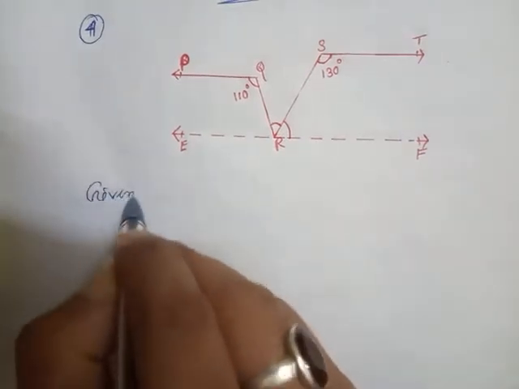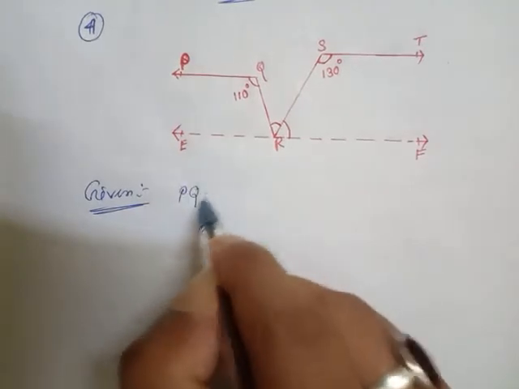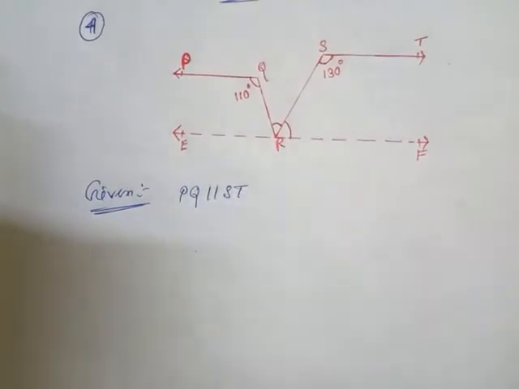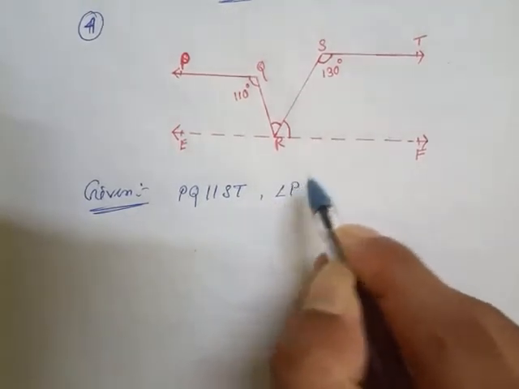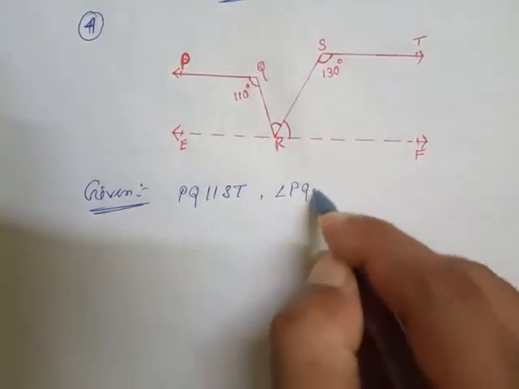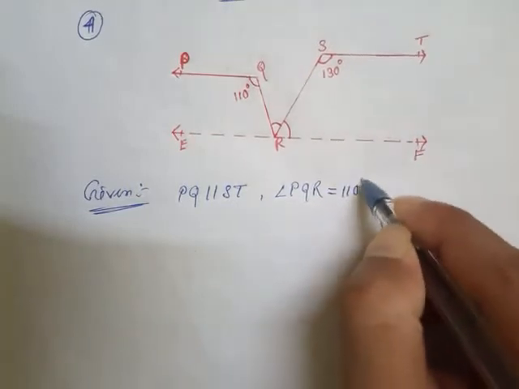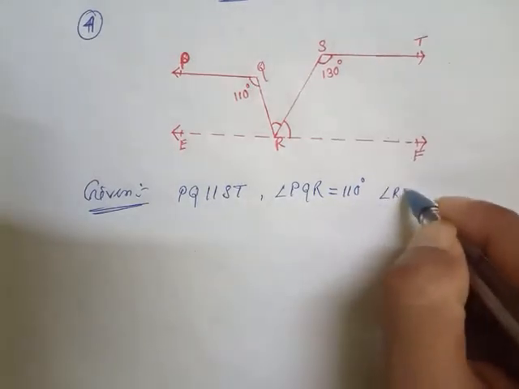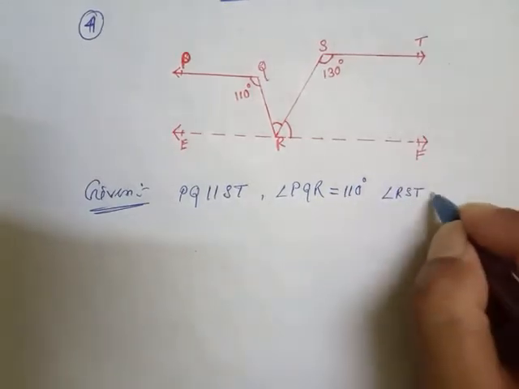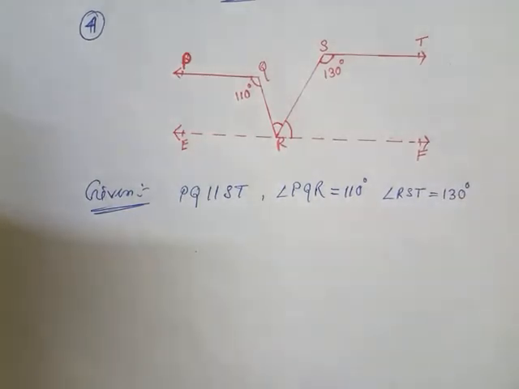Now look, after that the given part is PQ parallel to ST, angle PQR equal to 110 degrees, and angle RST equal to 130 degrees.